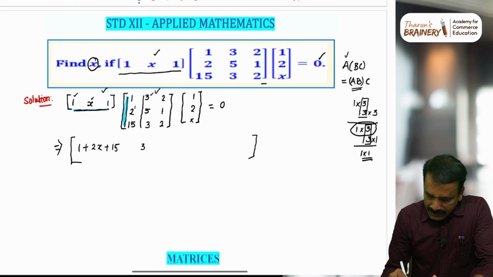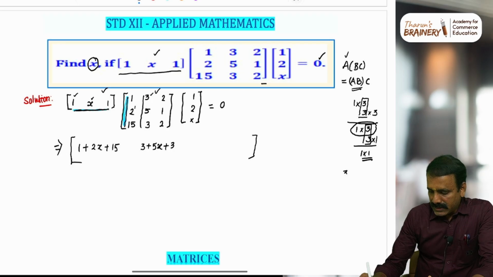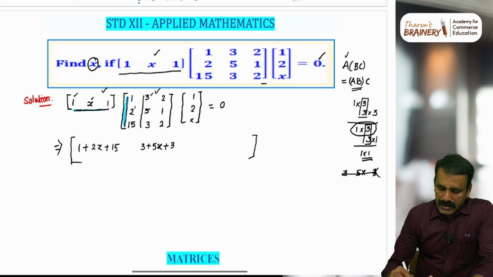Then the second element with the second element, x multiplied with 5, so plus 5x. Third element with the third element, 1 into 3, 3, so it should be written as plus 3. The product and the sum correspond to a single element, and we have to be very careful. We are not supposed to write this as 3, 5x and 3 separately. It is a wrong method.